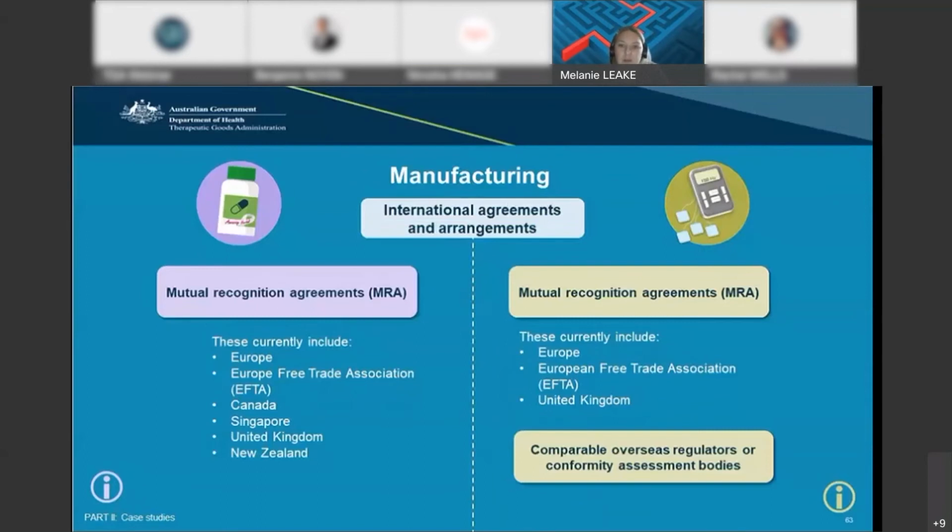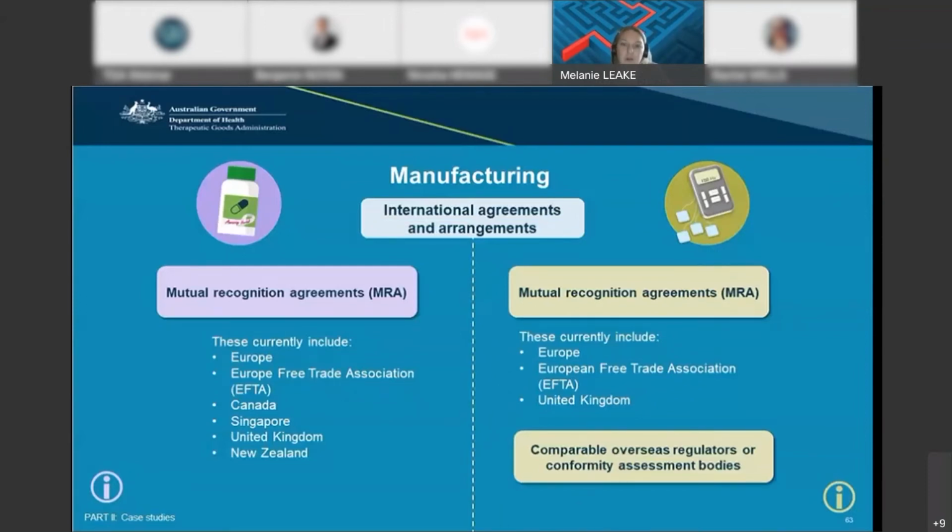If your manufacturer is located overseas, you have a few options to obtain GMP clearance or a declaration of conformity. We have various international agreements and arrangements with other countries and jurisdictions, which are called Mutual Recognition Agreements, or MRAs.